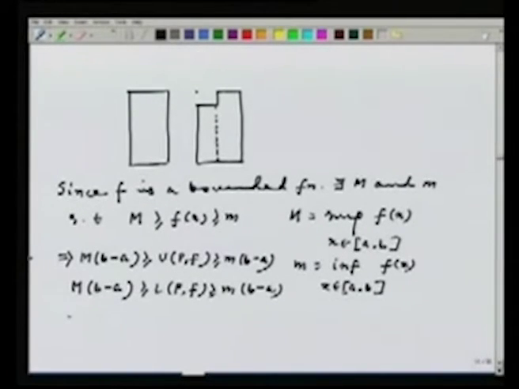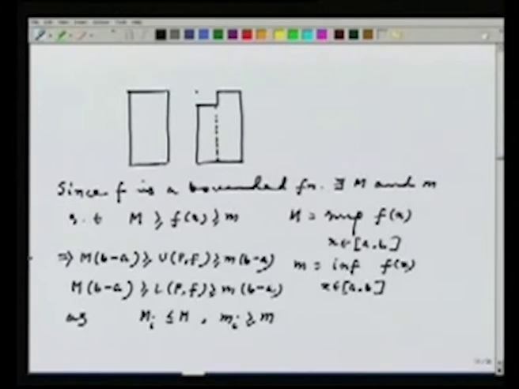This follows from the fact that capital Mi is always less than or equal to M and little mi is always bigger than or equal to little m. Okay.